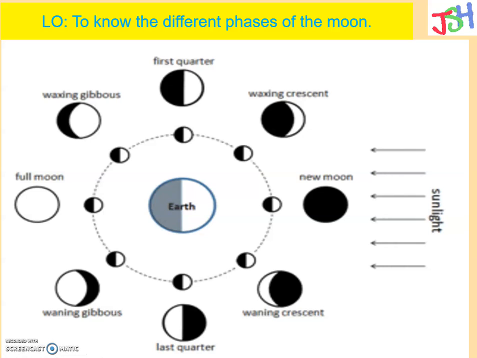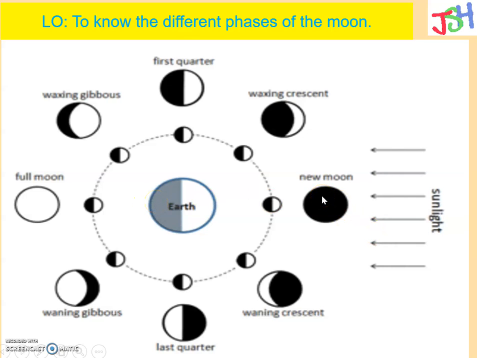That's because the sun is not shining on the surface closest to the earth. Now, a solar eclipse can also occur during this new moon. That's when the shadow of the moon is cast on the earth.